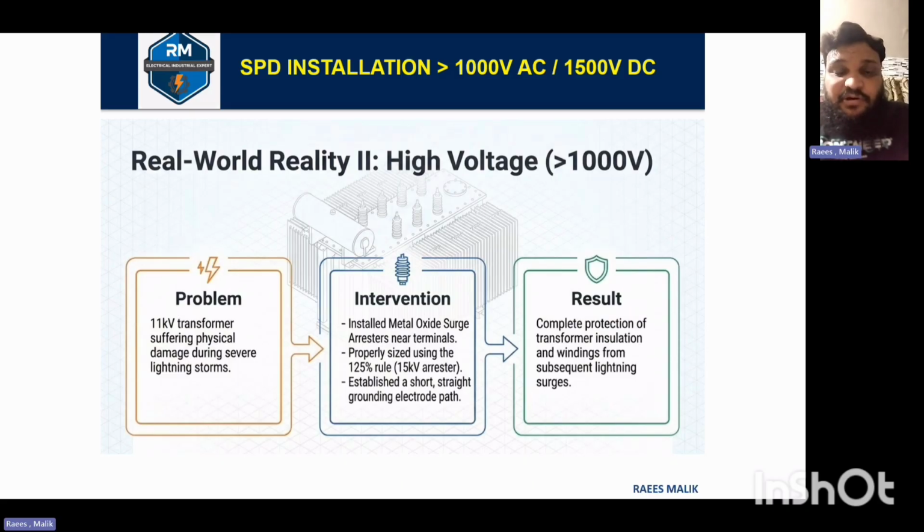When it is installed as per standard, and a short straight grounding electrode path is established, we can say the result will be complete protection of the transformer insulation and winding from subsequent lightning strikes or heavy switching surges at the substation or utility site.